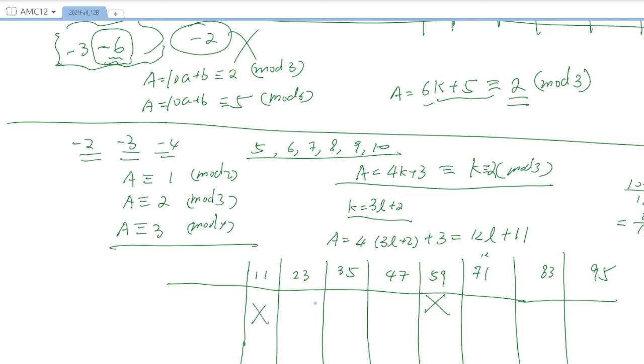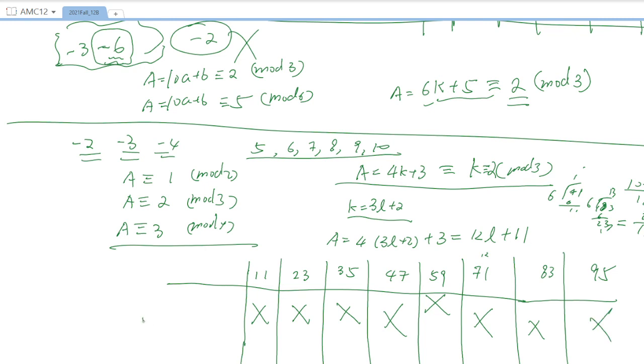Okay, divide by 6 cannot be 5. Divide by 6 cannot be 5 for each of the remaining numbers.